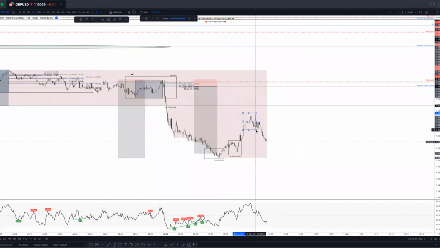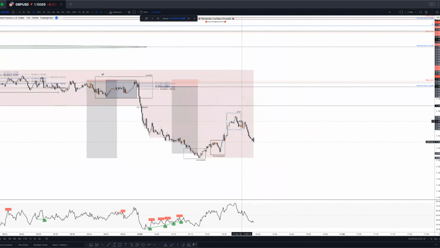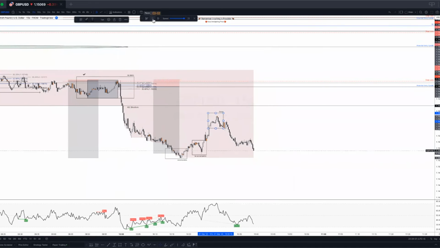So because we distributed, my question now is, we distributed with a confirmation here and then redistributed here. Question now is, will it find support here and continue going up? That's what I'm thinking.